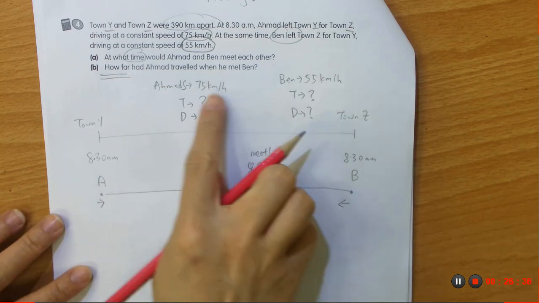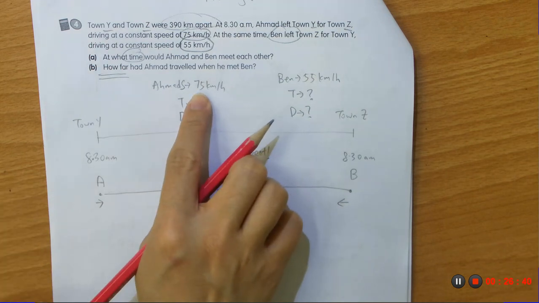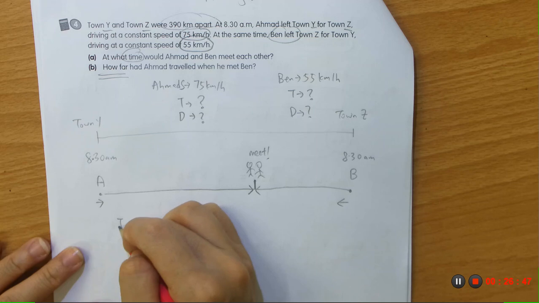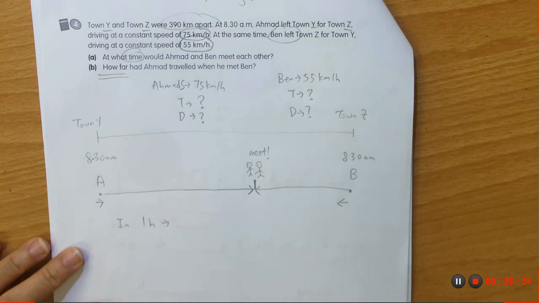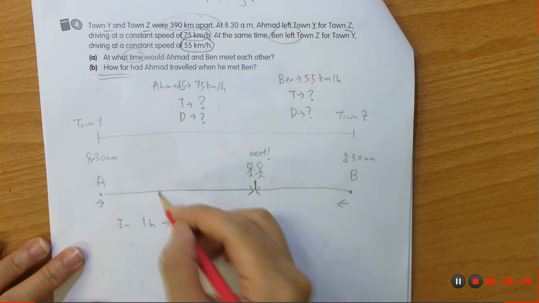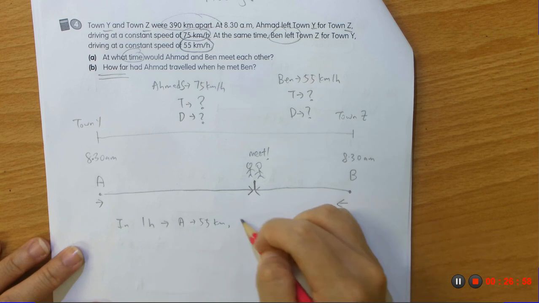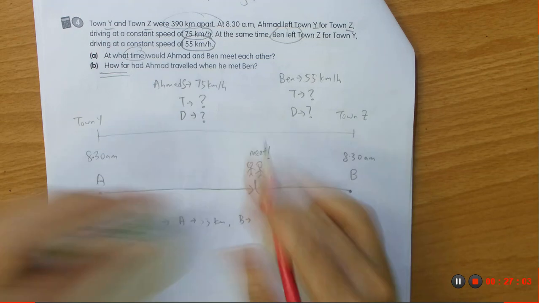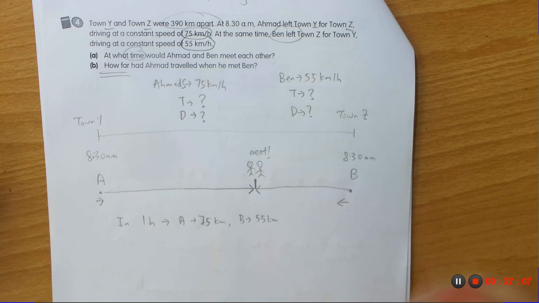Looking at Ahmad, for 1 hour he travels 75 kilometers. For Ben, in 1 hour he will travel 55 kilometers. So in 1 hour, Ahmad will travel 75 kilometers and Ben will travel 55 kilometers.